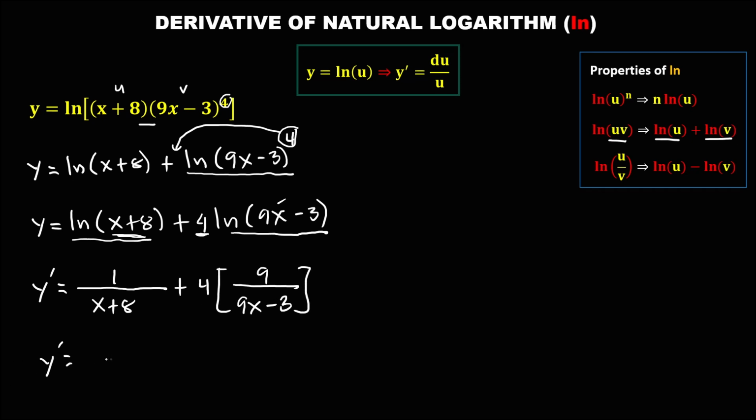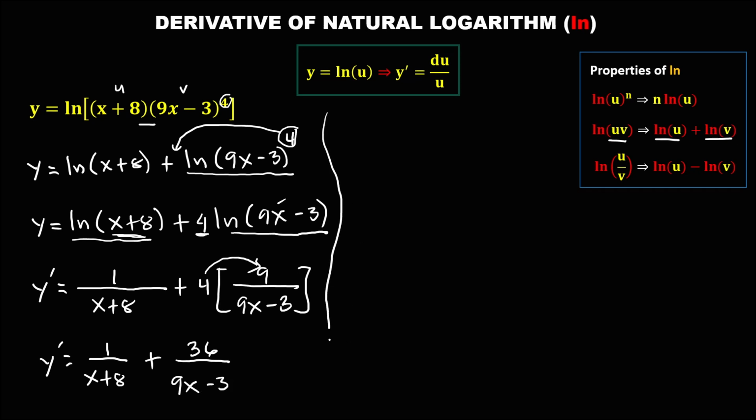Then to simplify, so we have 1 over x plus 8, then plus, multiply this 4 to 9, so this becomes 36, then copy the denominator, 9x minus 3.